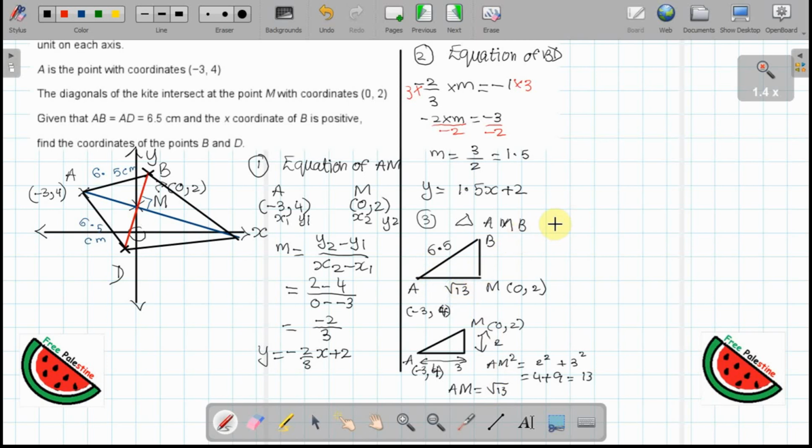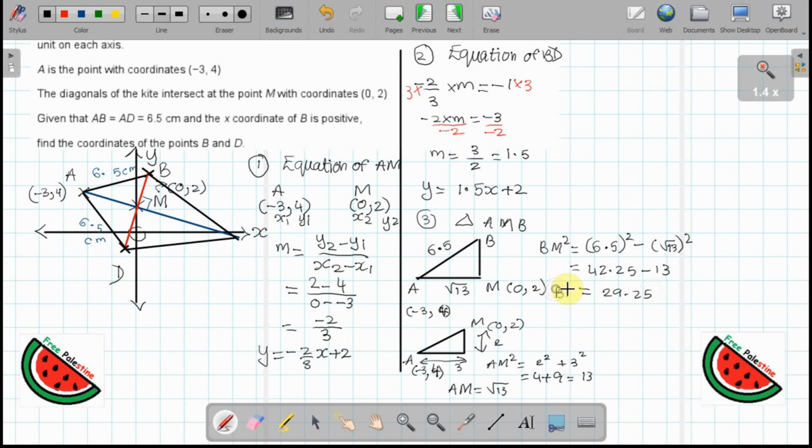And then to work out BM, I can say BM squared is equal to 6.5 squared, which is the hypotenuse, minus root 13 squared. Let's see what 6.5 squared is. The IGCSE exam is calculator paper only. So it's 42.25 minus 13, which is 29.25.